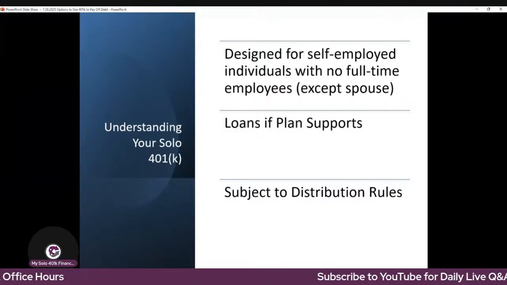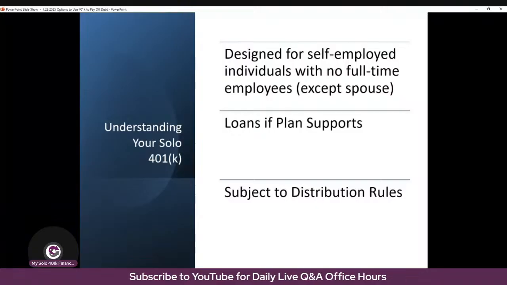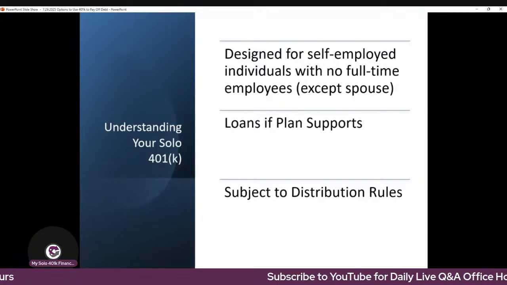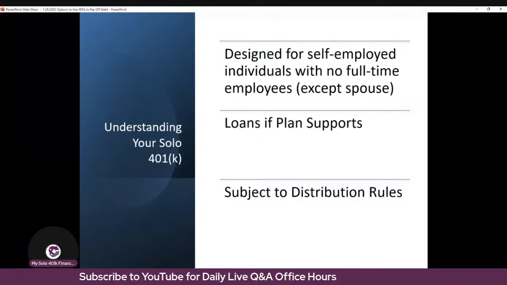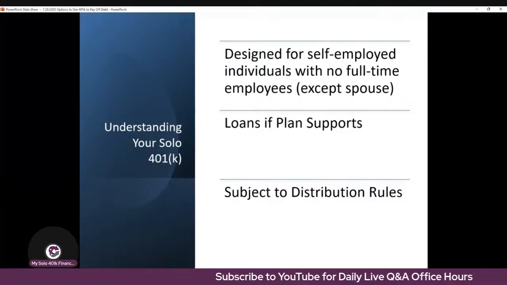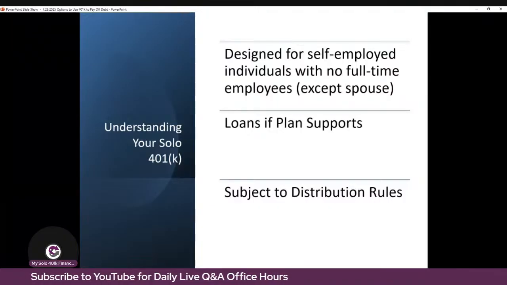So the individual would need to be reporting earned self-employment income, say on their personal tax return. Could be Schedule C, could be W-2 wages from their own business, for example, that's taxed as an S Corp. And that person cannot have any non-owner, non-spouse, full-time W-2 employees working for any business owned by that person or owned by a spouse, if any. So if they meet those eligibility criteria, they're eligible to set up a solo 401k.